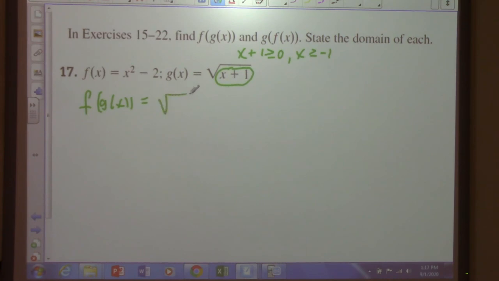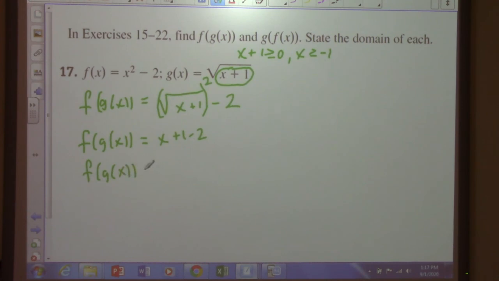So I'm going to bring this square root of x plus 1, and we square it, so wouldn't that just cancel out, and then subtract 2. So f of g of x, these cancel each other, so it's x plus 1 minus 2. So f of g of x is equal to x minus 1.